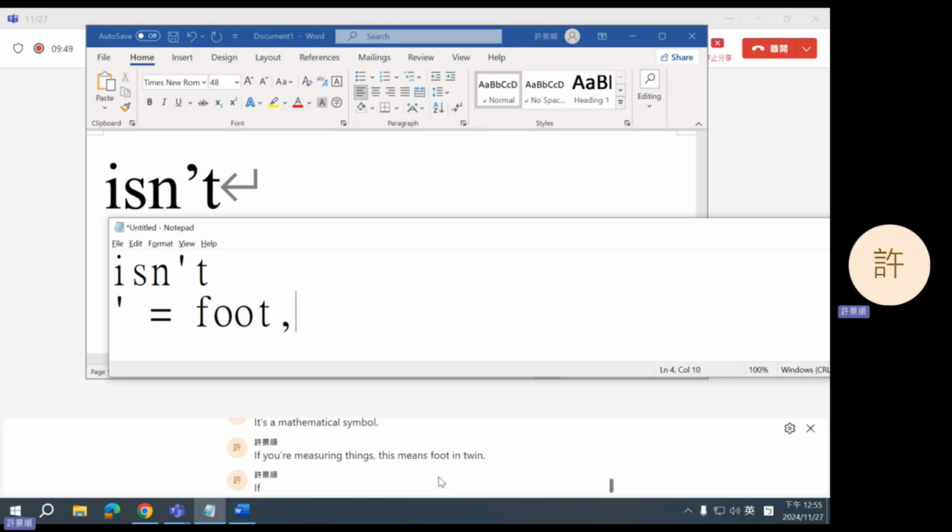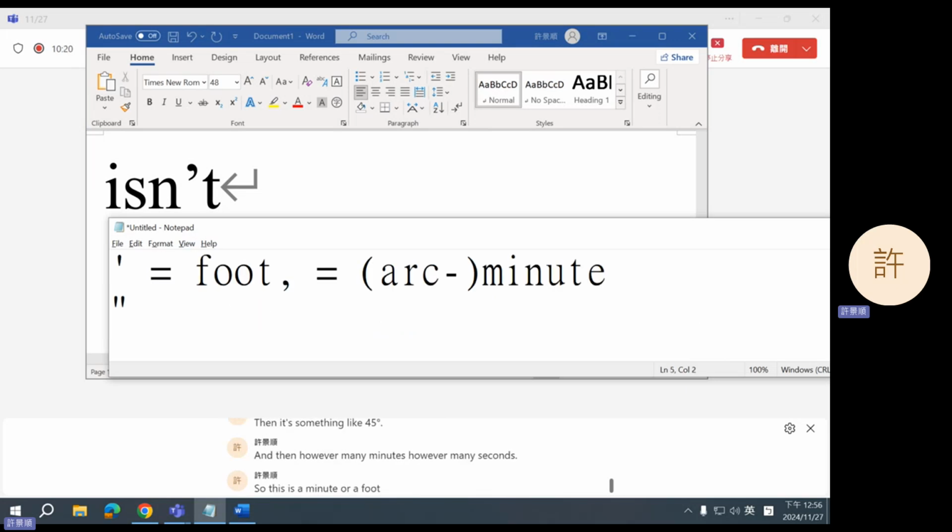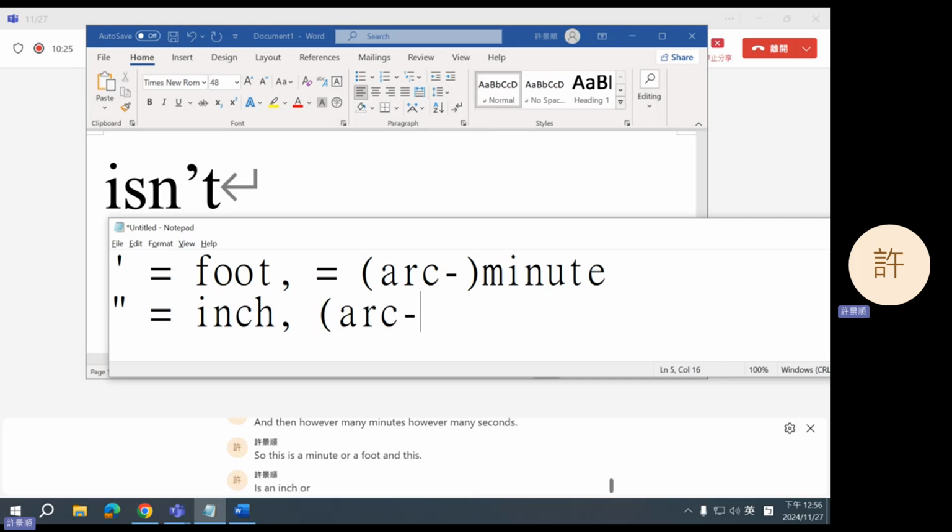If you are measuring a circle, then it's an arc minute, or sometimes just called a minute. So, for example, if you're measuring longitude and latitude, then it's something like 45 degrees and then however many minutes, however many seconds. So this is a minute or a foot, and this is an inch or an arc second.